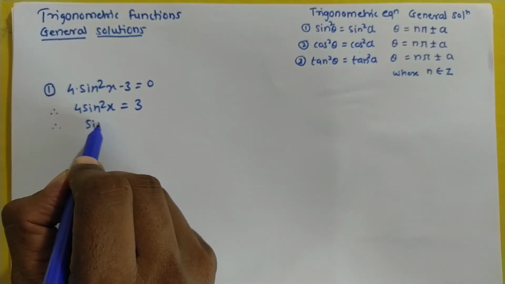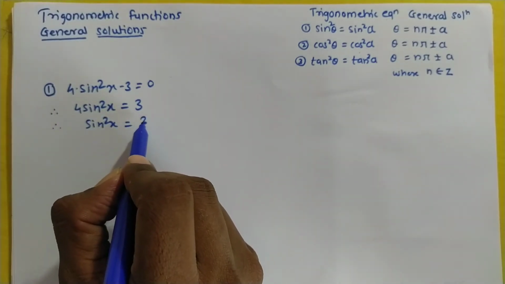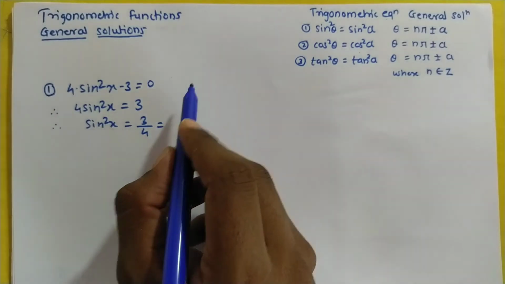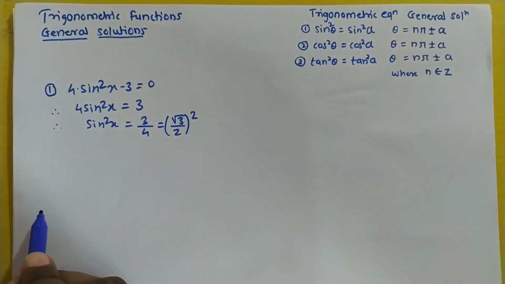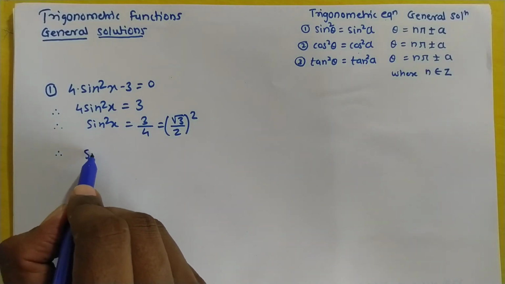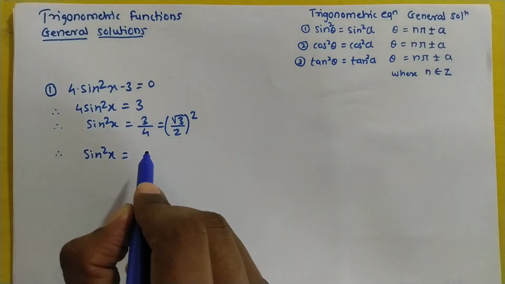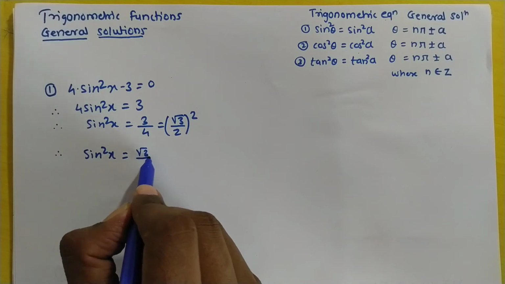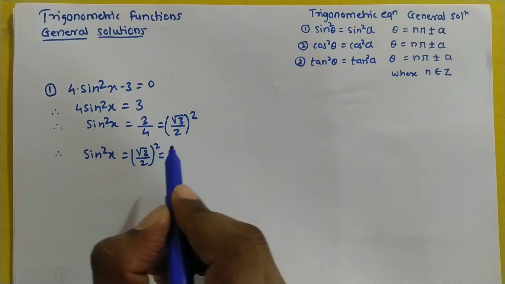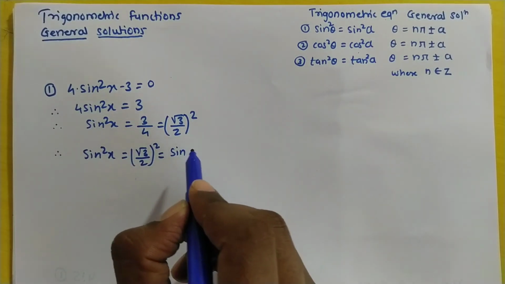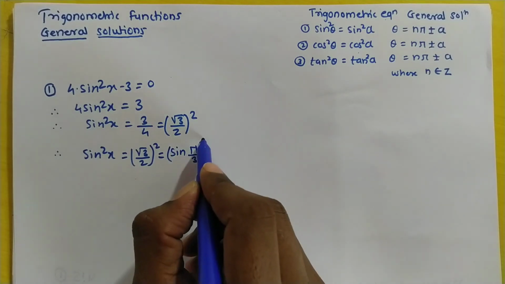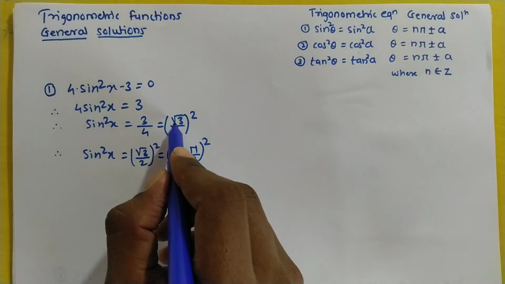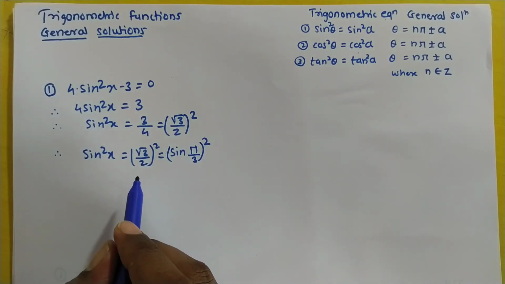Therefore sin square x equal to 3 divided by 4, equal to (root 3 divided by 2) whole square, which is equal to (sin pi by 3) whole square. We know that sin pi by 3 is equal to root 3 by 2.